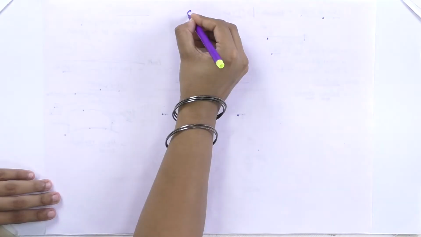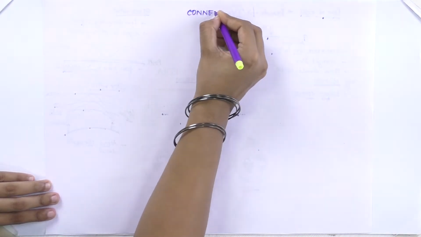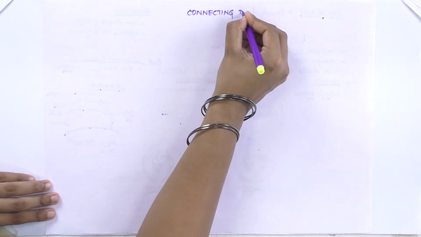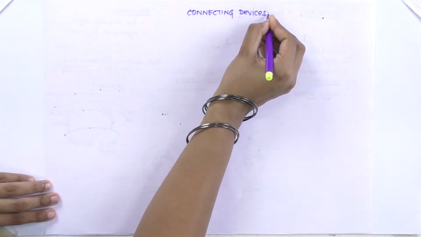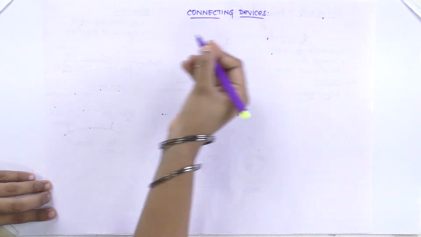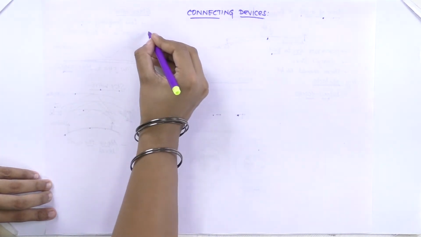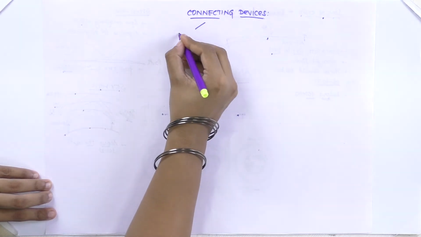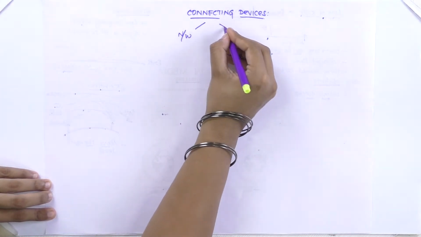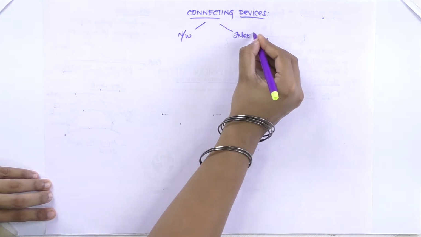So next we'll move on to the connecting devices which are used in a network. Connecting devices. Under that you have networking devices and internetworking devices.